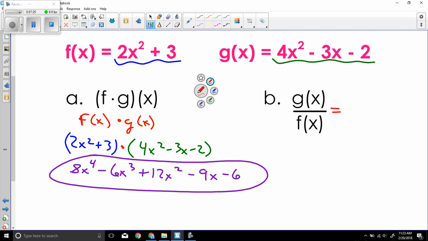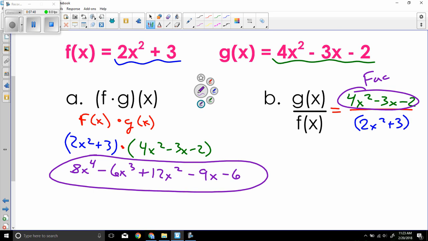Here I have, oh, this is just g of x over f of x. Well, f of x is 2x squared plus 3, and then I have my division line here. On top I have 4x squared minus 3x minus 2. The question is, does the top factor?